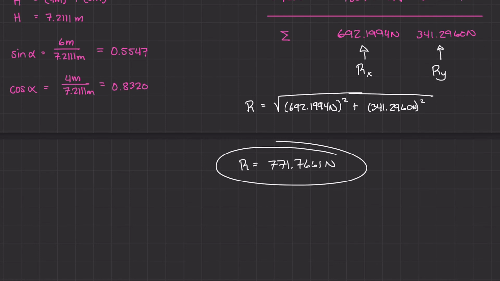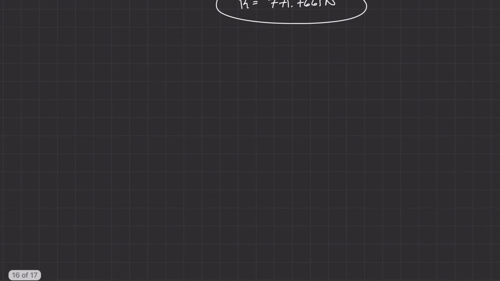Okay, great. So that takes care of the resultant's magnitude. Now we can figure out what the direction is. So how do we figure out what the direction is? Well, we need to look at the x and the y components of this resultant force. The x component has a positive value of 692. The y component also has a positive value of 341. So let me draw a coordinate system right here, with an x-axis and a y-axis.